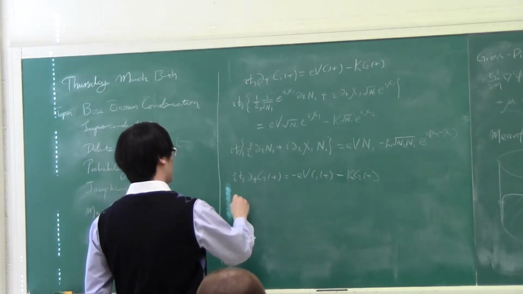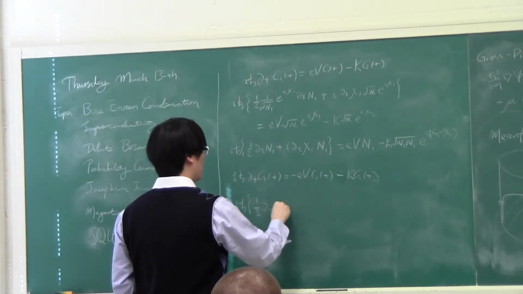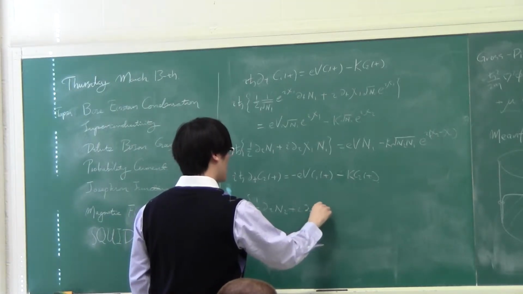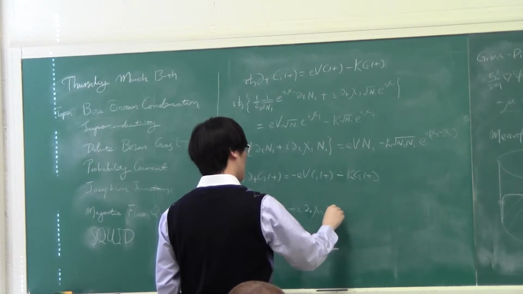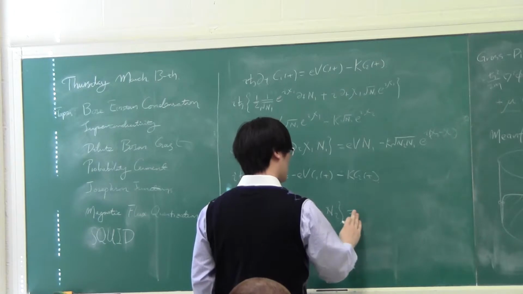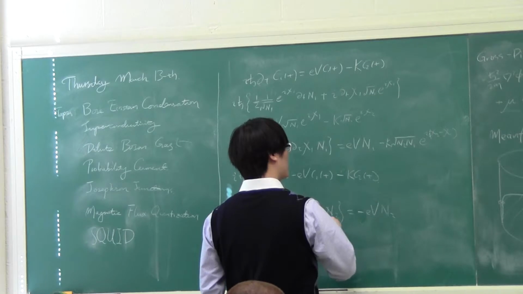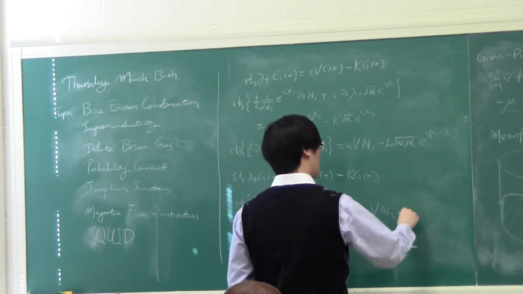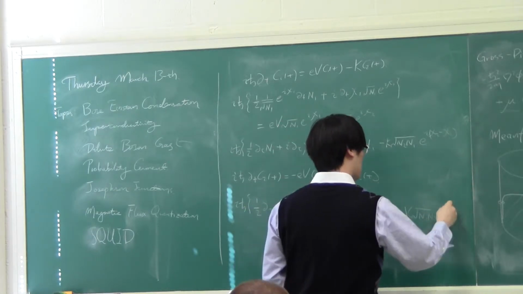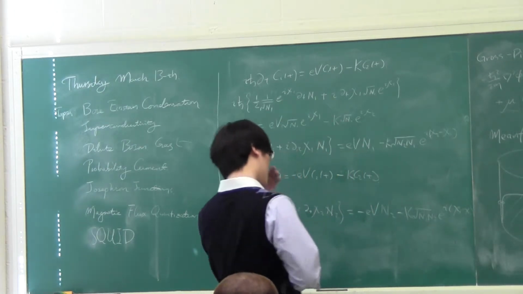So that just gives you i h bar 1/2 and is chi1 minus chi2.